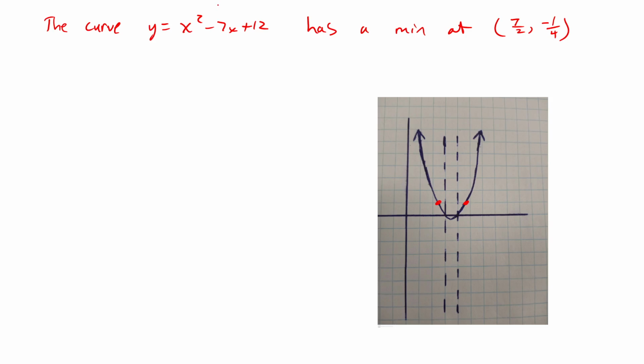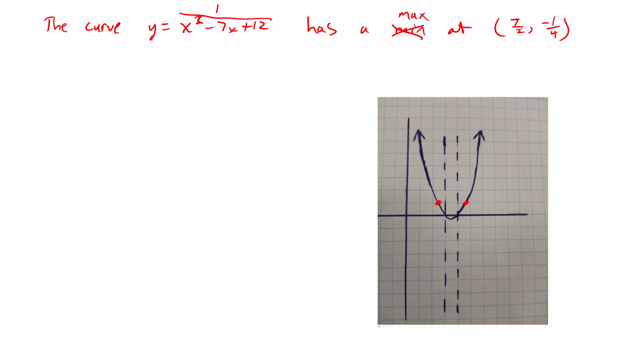Well, that means that the curve 1 over x squared minus 7x plus 12 will obviously have an inverse relationship with x squared minus 7x plus 12. In other words, when x squared minus 7x plus 12 is big, 1 over x squared minus 7x plus 12 will be small, and vice versa. So if x squared minus 7x plus 12 has a minimum, 1 over x squared minus 7x plus 12 is going to have a maximum.